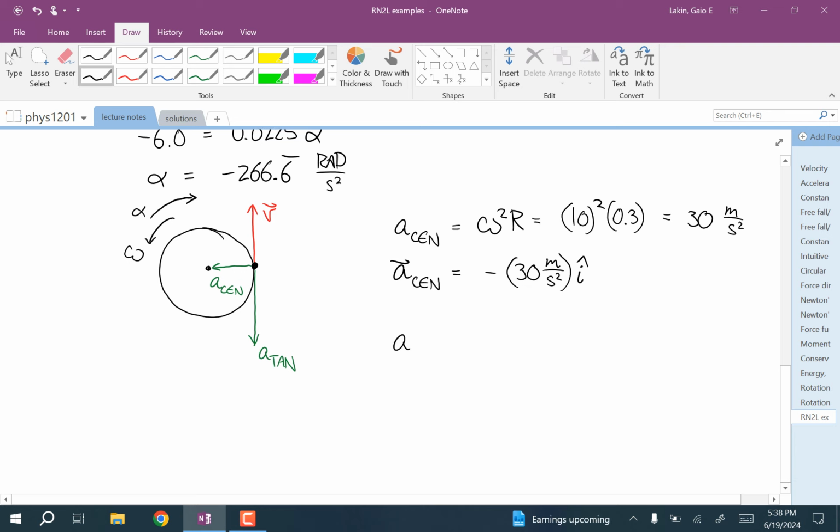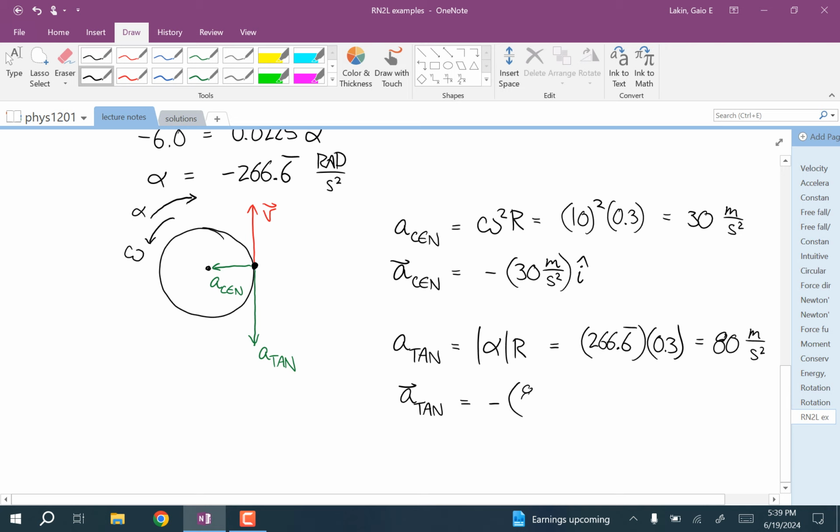And now we'll go to the tangential acceleration. The magnitude is the absolute value of alpha times r. So that's 266.6 repeating times 0.3, and that is 80 meters per second squared. You can see from the drawing we figured out that the tangential acceleration is in the negative j direction.